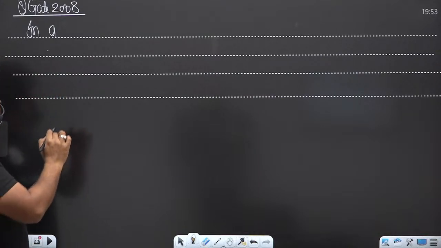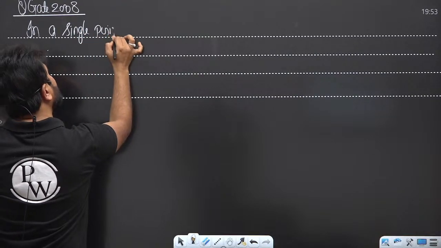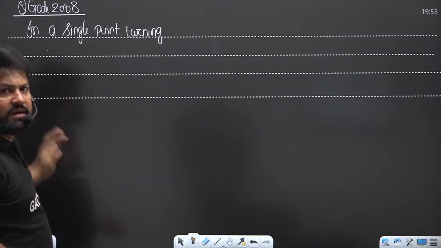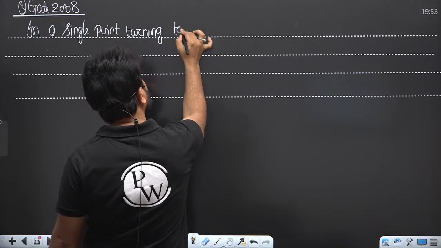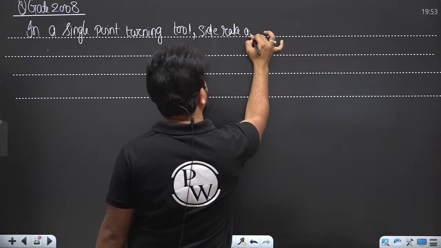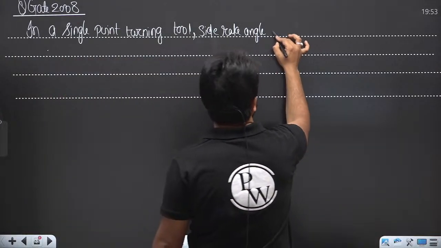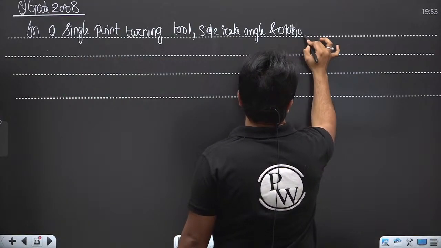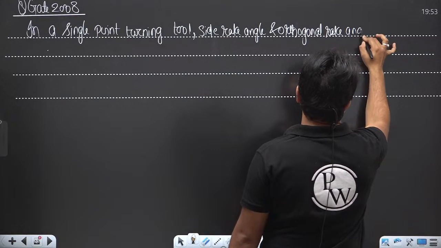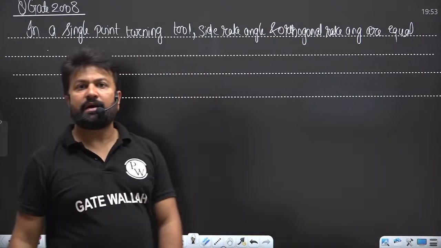So let me write down the question. In a single point turning tool, side rake angle and orthogonal rake angle are equal.